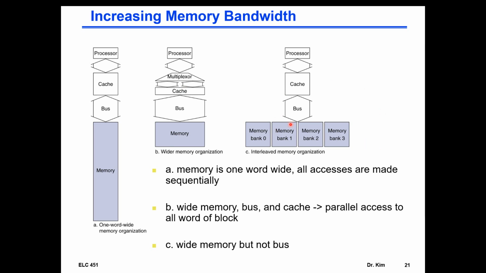The last case, case 4, is where I'm using interleaving. I have 4 banks, 1 bank per word to get a block, but then I transfer via a faster, narrow bus.